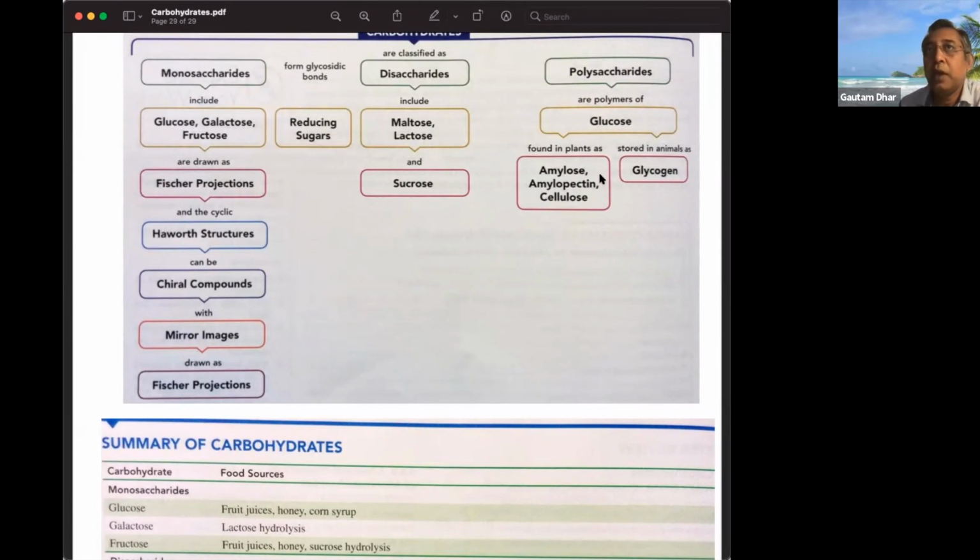For glycogen and starch, it is basically how compact they are. Glycogen is more compact and has branching every 10 to 15 glucose molecules in the chain, while for starch it is like 25 to 30.